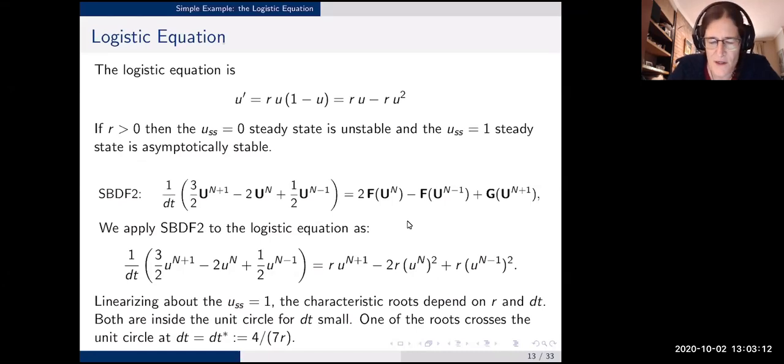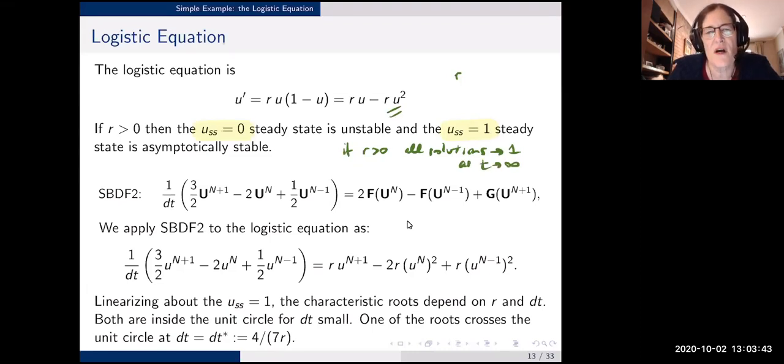It's nonlinear, it has a parameter r, and it has two steady states: 0 is a steady state and 1 is a steady state. And 1 is the asymptotically stable steady state. So if r is greater than 0, then all solutions go to 1 as t goes to infinity.